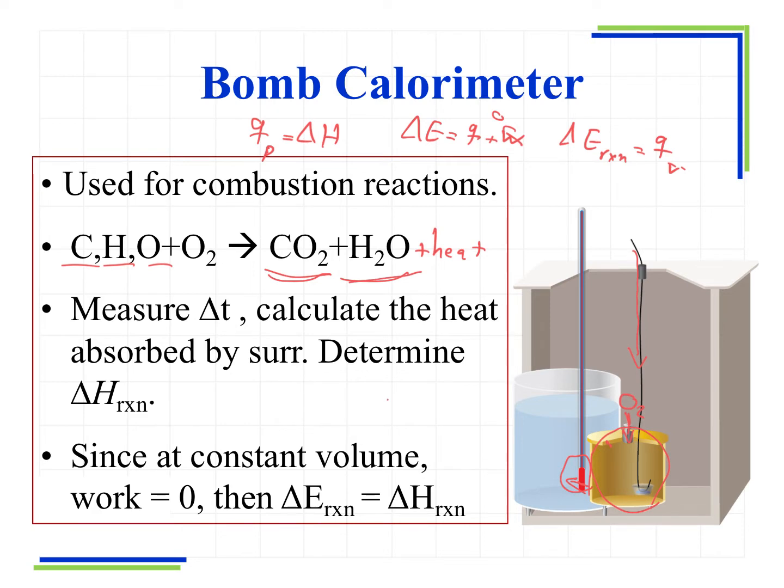If you remember, work was negative P delta V, and if delta V is 0 because volume is constant, then the whole work term is 0. So work is 0 and delta E is Q plus W. So W is 0, it's equal to the Q, and we find the delta E of the reaction, and we said in most cases with good assumption delta E equals the delta H of the reaction.